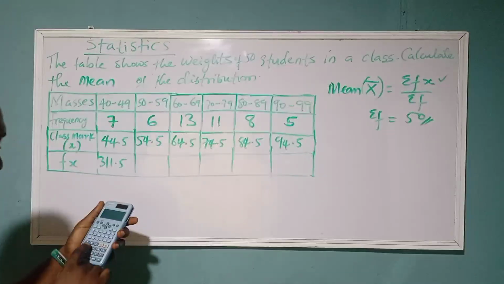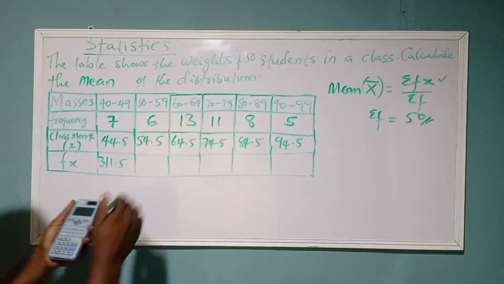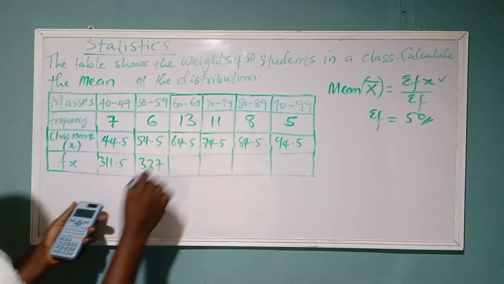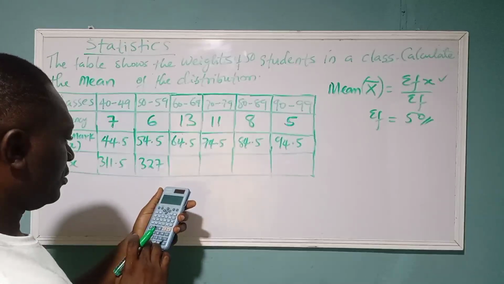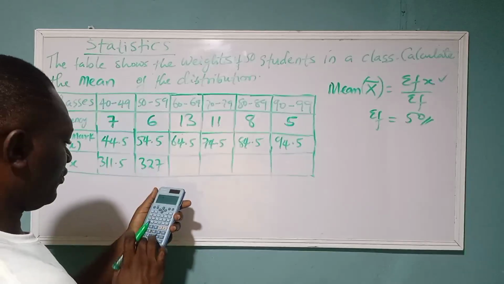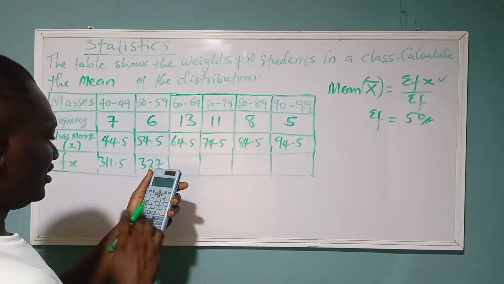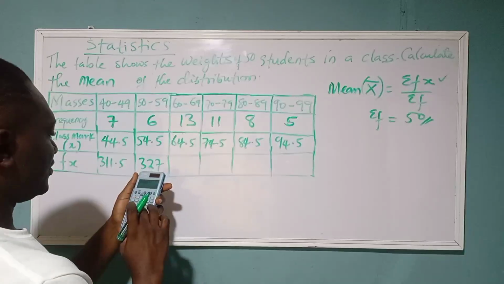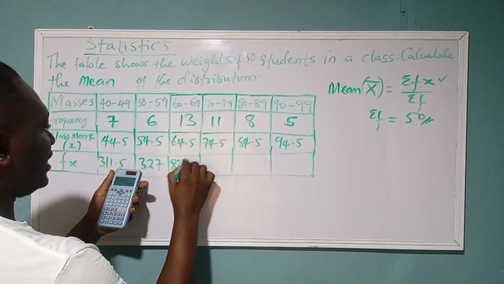So let's multiply this. 6 times 54.5, that gives us 327. Now 13 times 64.5, that gives us this value, 838.5.